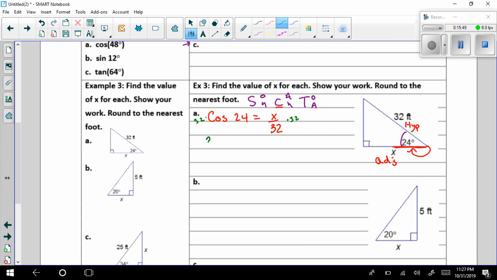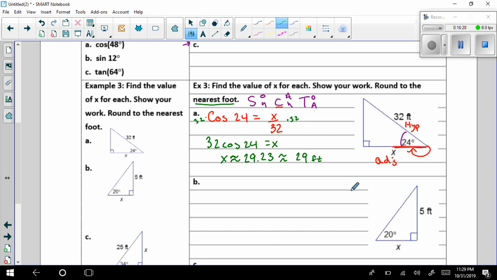So we end up with 32 cosine 24 equals x. And once you get to this step, you can just type that into your calculator exactly how it is. And this says round to the nearest foot. So x is approximately, okay, so I got 29.23, which rounds to 29 feet.